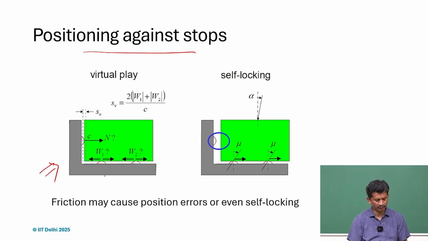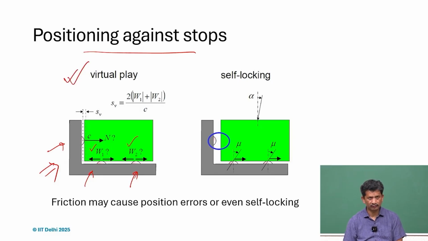If we extend this to the 2D case and try to position again against these three stops, we want to know what W1 and W2 or N will be, and what will happen. Because of W1 and W2, the friction force will create virtual play.